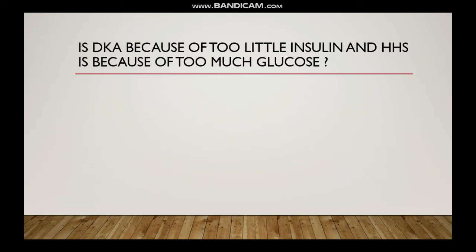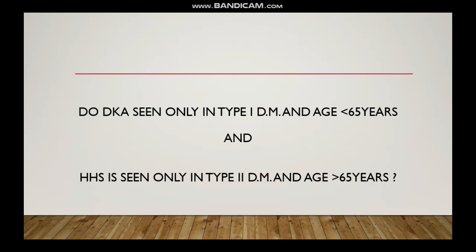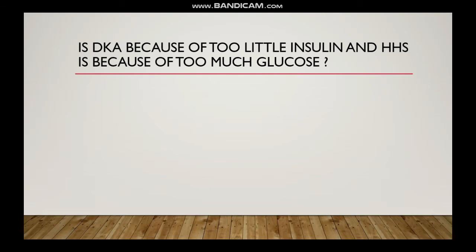DKA is because of too little insulin, and HHS is because of too much glucose. Patients with DKA are relatively young and have better GFR, so they can preserve more serum glucose than patients with HHS.